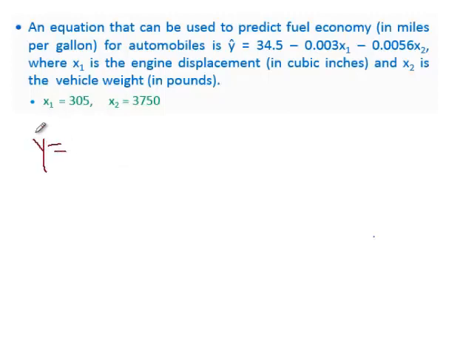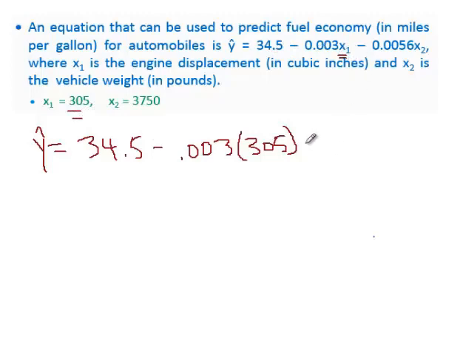Y, or y hat, again, because it's an estimate, equals 34.5 minus 0.003 times x1, and x1 was 305, just substituting this value for this variable, minus 0.0056 times x2, which was 3750.